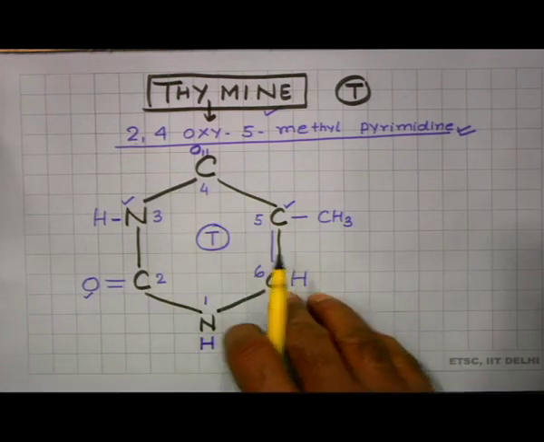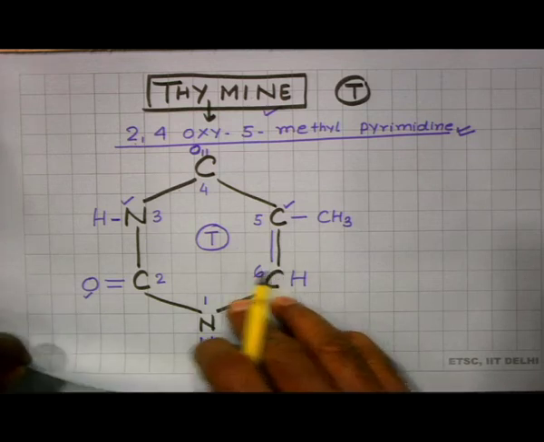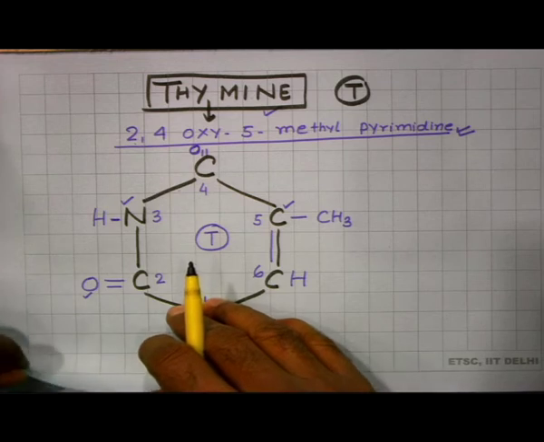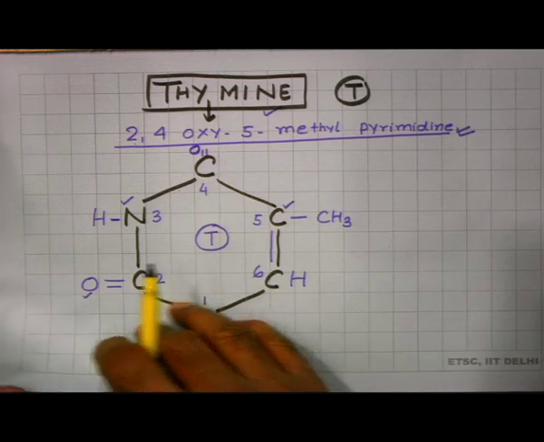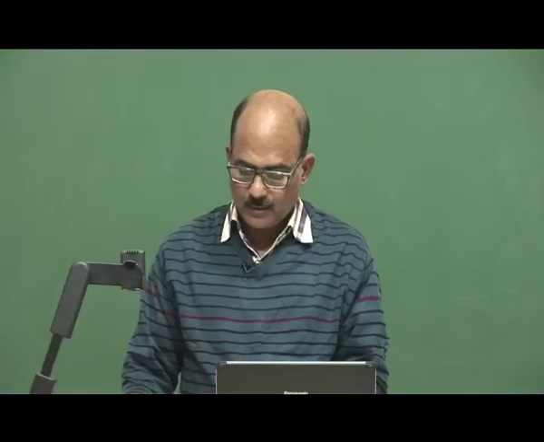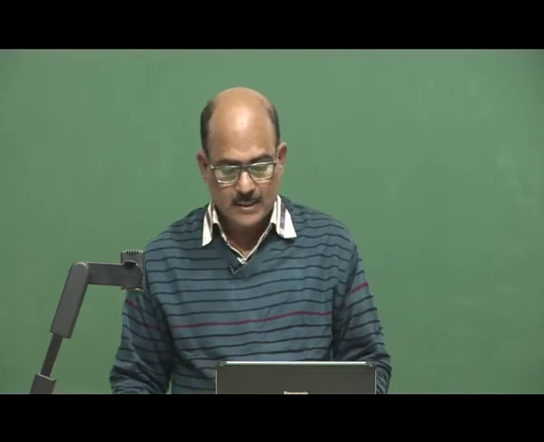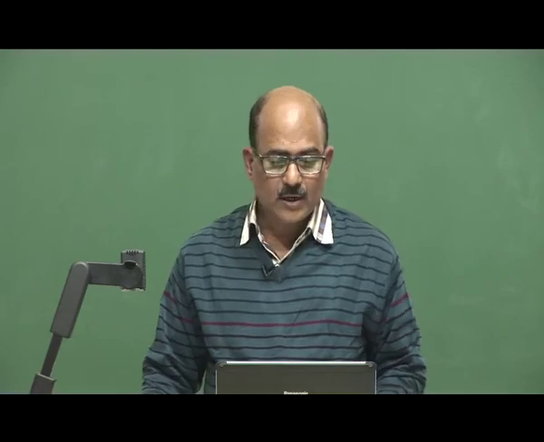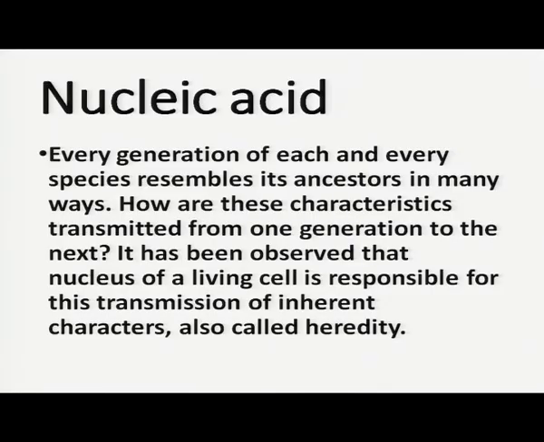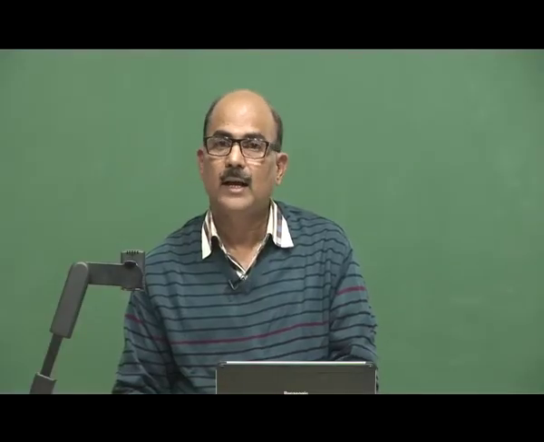So, by knowing this structure, we are able to write all the structures of purine and pyrimidine. Purines are of 2 types and pyrimidines are of 3 types, and by knowing this we can easily write the structure of all 3 nitrogenous bases. Now, a nucleotide is made by nitrogenous base, sugar and phosphate.